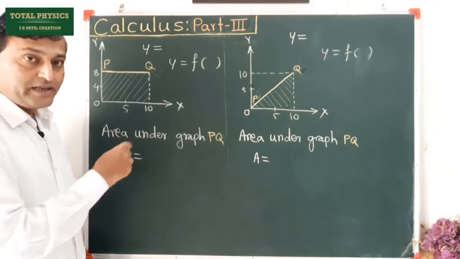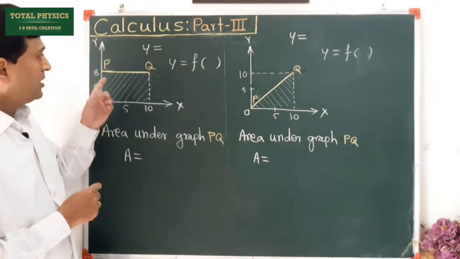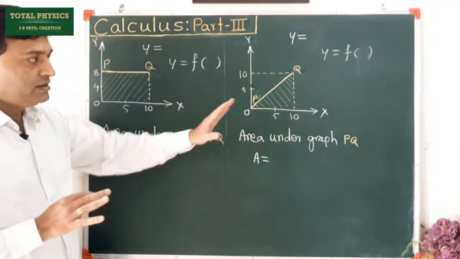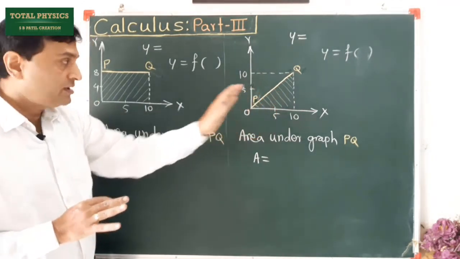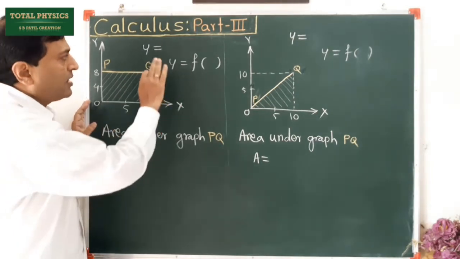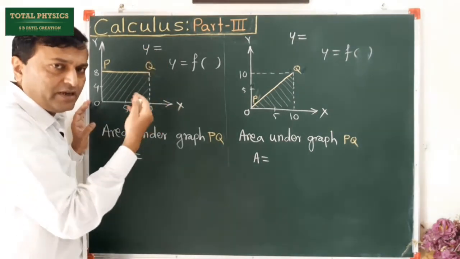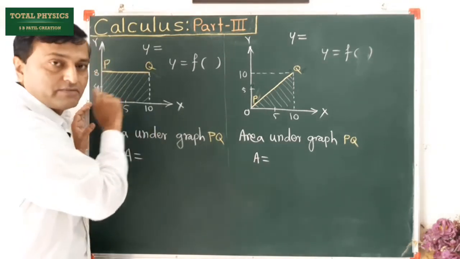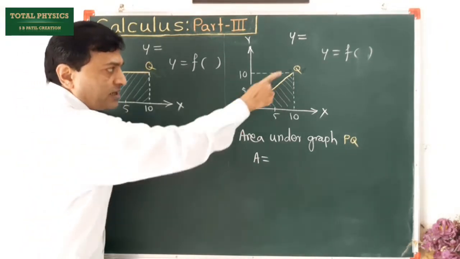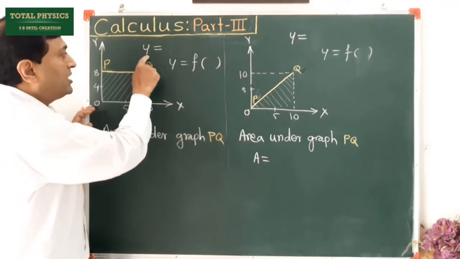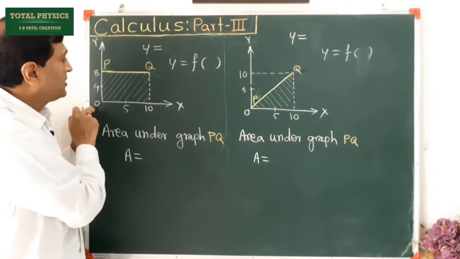Here I have taken two examples. I have drawn one graph, PQ is the graph. This graph has one equation. Every graph has an equation if it is continuous. This is a continuous graph, a straight line, having some slope. Now, what will be the equation for this graph?